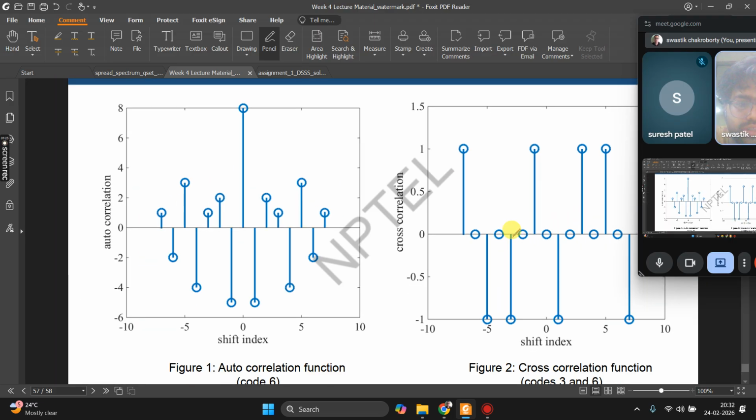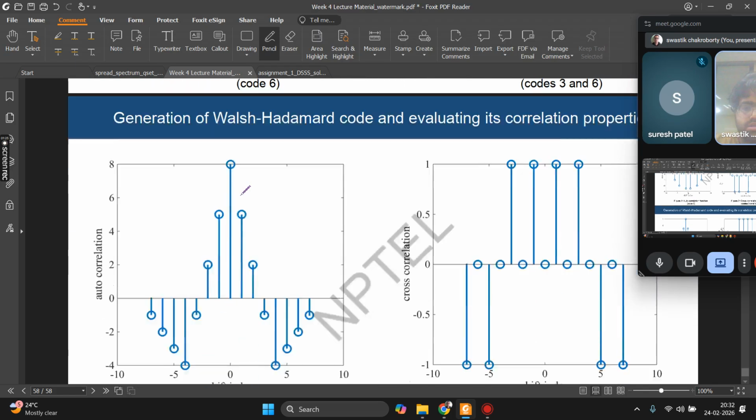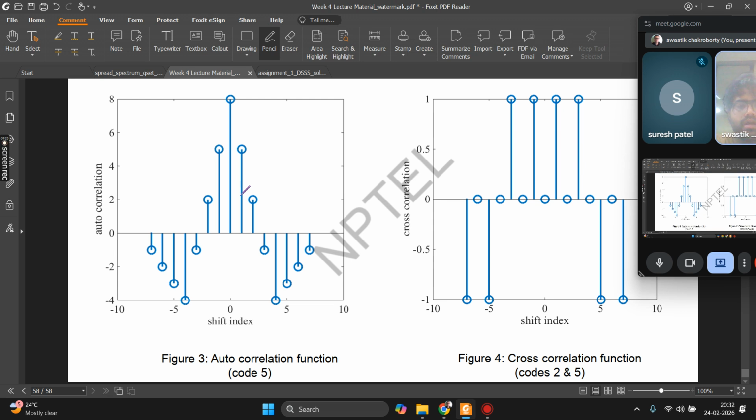You see the cross correlation is limited to plus minus 1, whereas the autocorrelation is strongest at 0, which should be the case. So this is Walsh-Hadamard. Similarly, the cross correlation of any two pairs of rows will always be limited between plus 1 and minus 1.